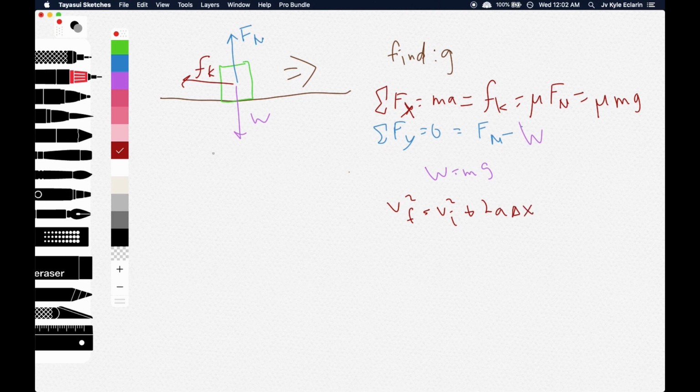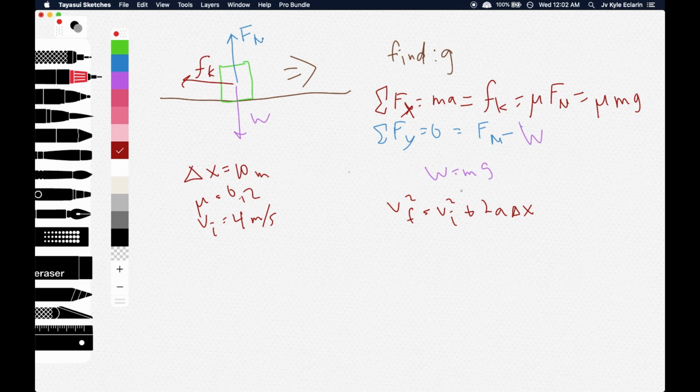Now, one of the things that they've told us is that the change in x is 10 meters. Mu is equal to 0.2. Let's see. What else does it say? V initial is equal to 4 meters per second. And the mass, does it give us some mass?